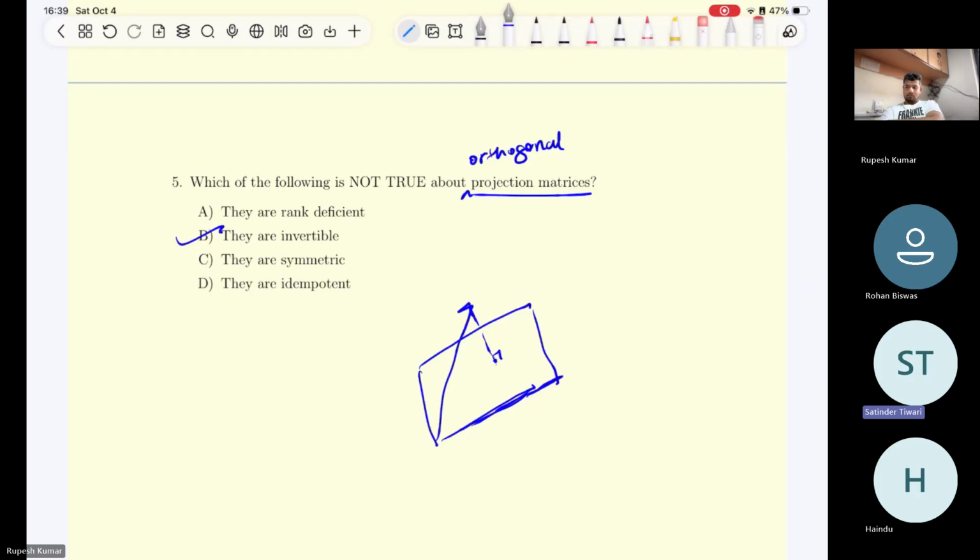That will be the projection matrix. That is a kind of projection matrix. Yeah, that's true. But that is not a square matrix, so we can't talk about invertibility. But the thing is, they have to be rank deficient. Like, if it is a full column rank matrix, like overdetermined and underdetermined, for that also it is not necessary that it should be rank deficient.